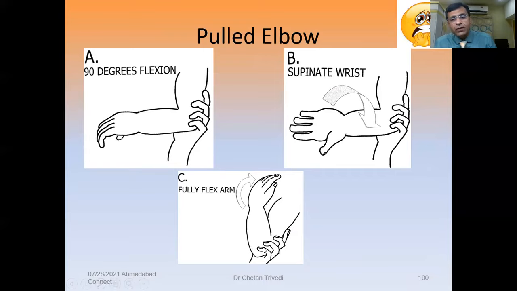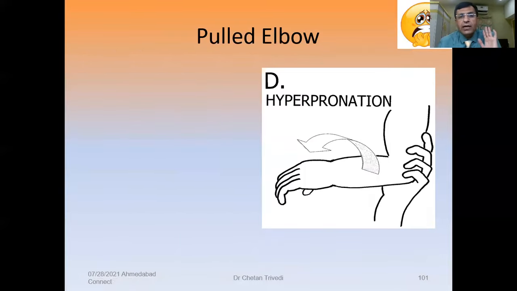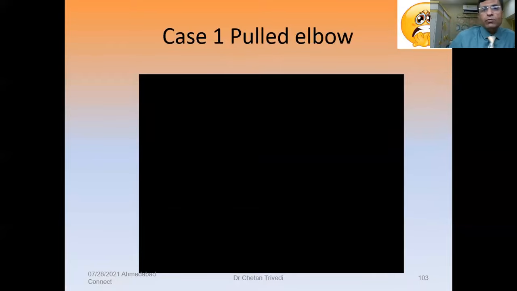When you flex it, you get a pop sound or a click. Once you hear it, that means the radial head has gone back into the annular ligament. And second is hyperpronation, where you fix it at 90-degree like this, hold both the condyles and elbow, give a bit of stretching and hyperpronate it. That will again cause a reduction of the pulled elbow.